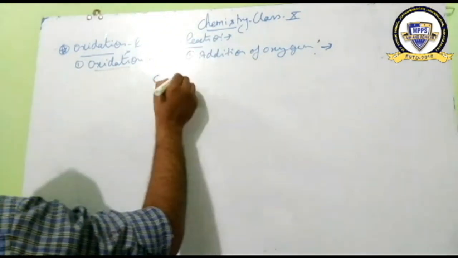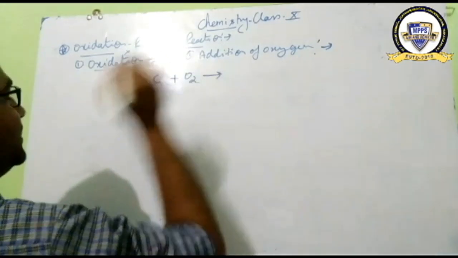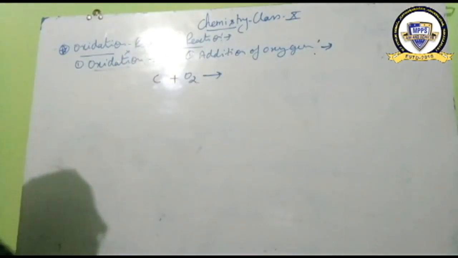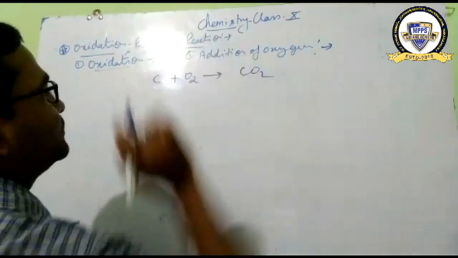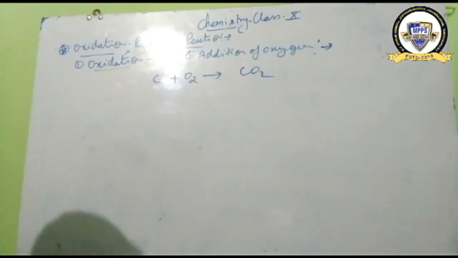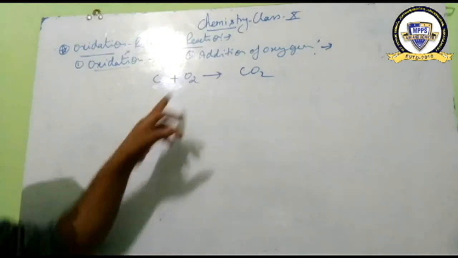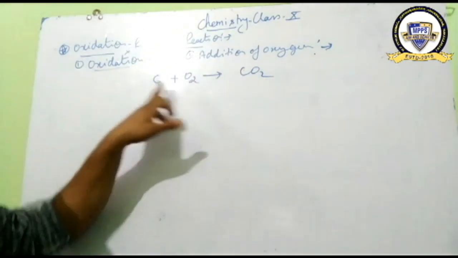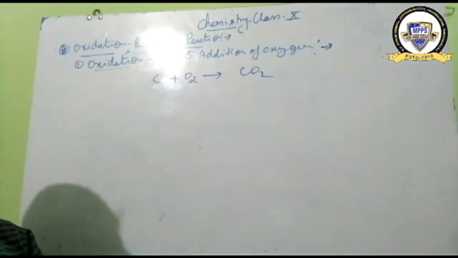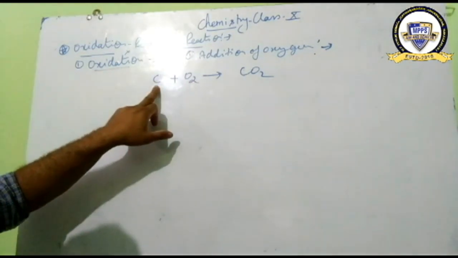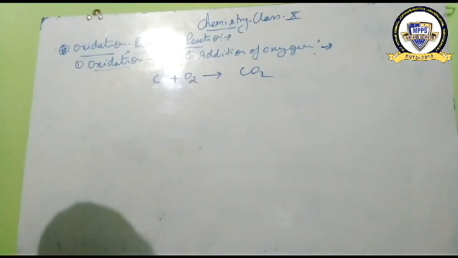When carbon comes in contact with oxygen during burning, it forms the compound CO2, carbon dioxide. So oxidation of carbon takes place in the burning of carbon.